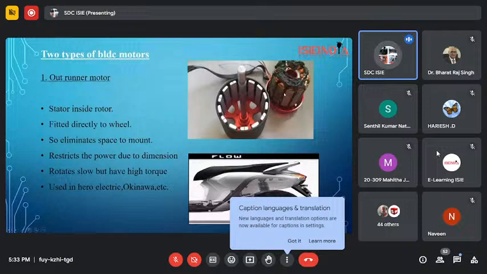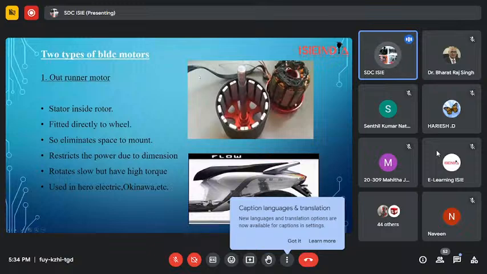So what's happening here? The advantage is, if you can see, we have saved lots of space here. But due to the dimensions, the power has been restricted because it's not able to generate a lot of torque or a lot of power here. We can't use it for high power applications like in electric bikes.